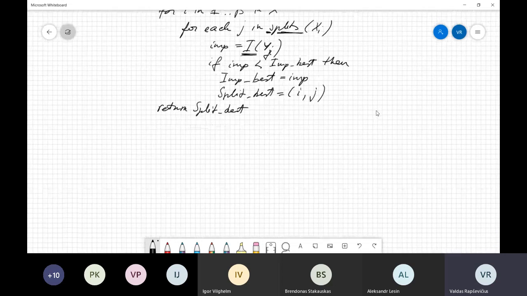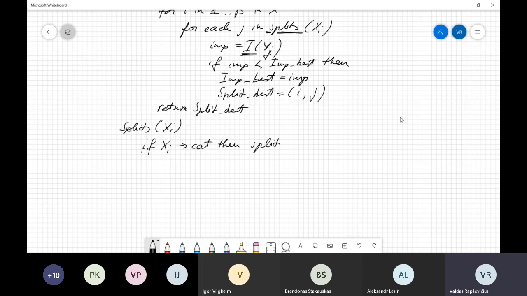Okay, so basically splits of xi, we calculate like that. If xi is a categorical value, so basically nominal or ordinal, doesn't matter, then we split by category, by distinct values or categories, or classes, as you want.